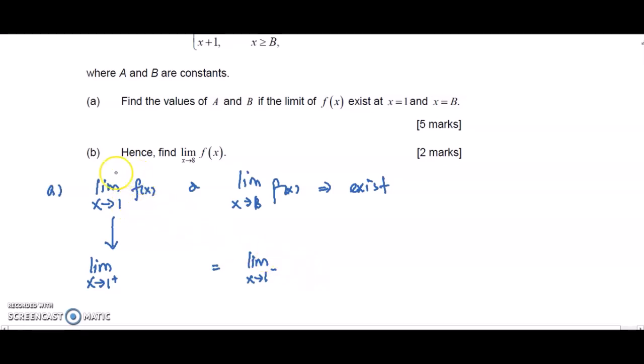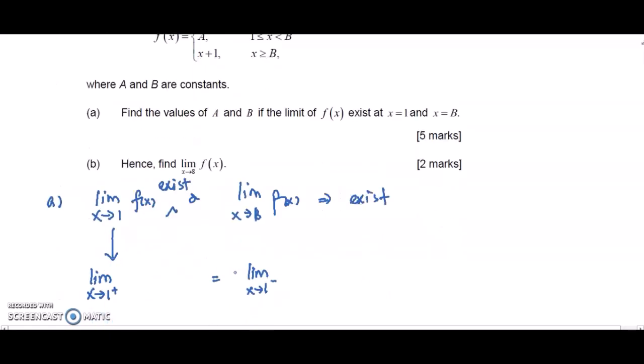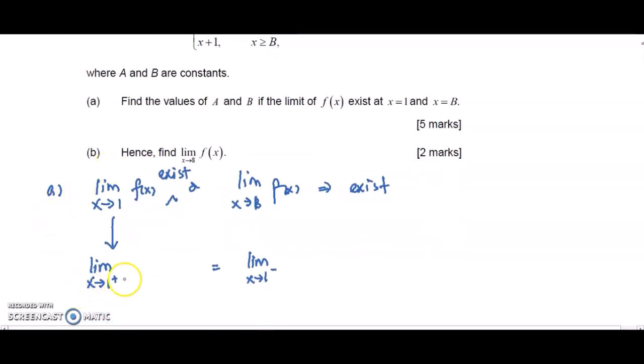So when I say this limit exists, it means that its right-hand limit has to be equal to the left-hand limit. So we are using this information to solve for the values of a and b. We are forming the equation and later on solving for a and b.